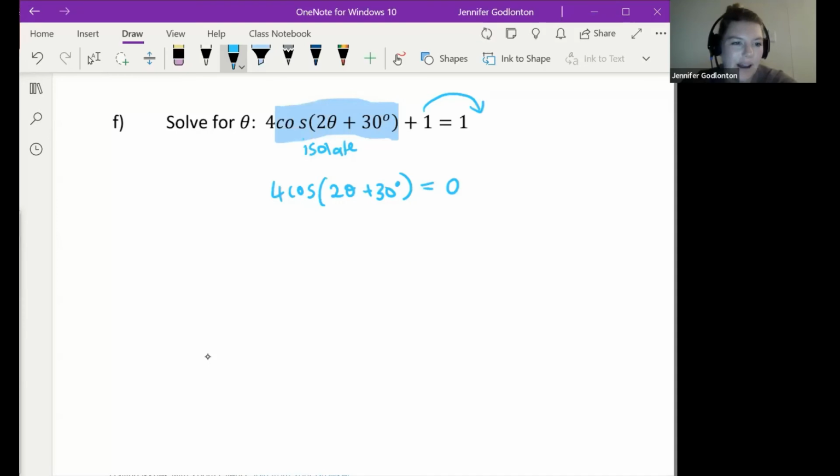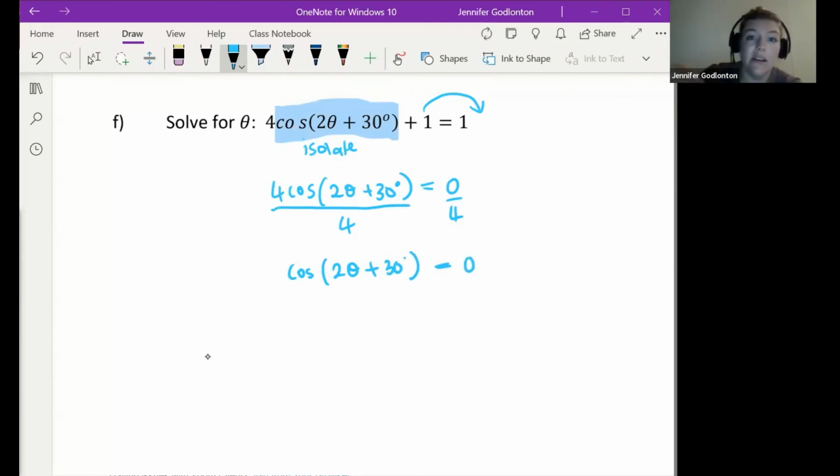Now I want to divide by that coefficient of 4. So I get cos 2 theta plus 30 is equal to 0. That's our first step. Our first step is just isolating the cos 2 theta plus 30.